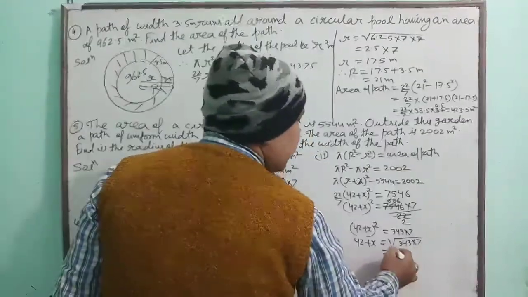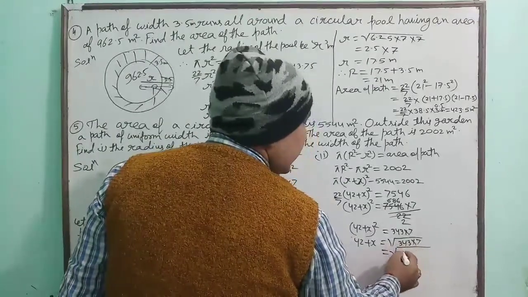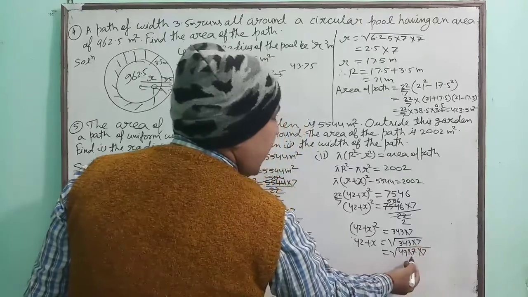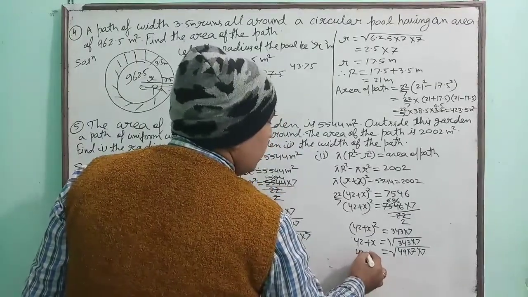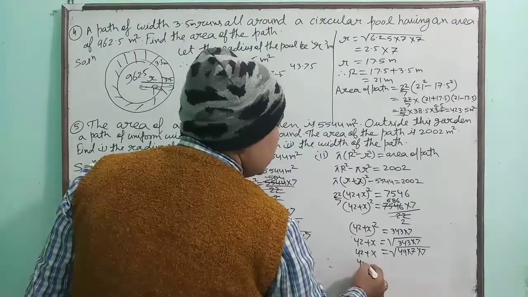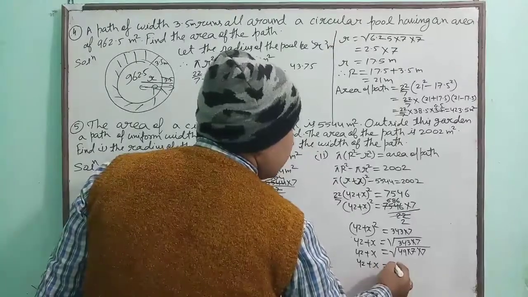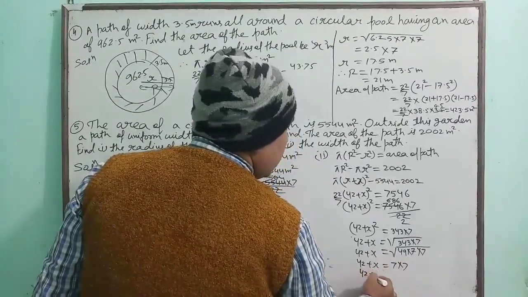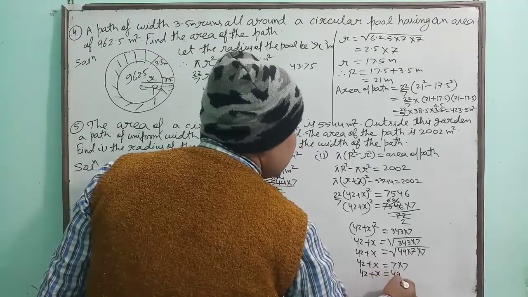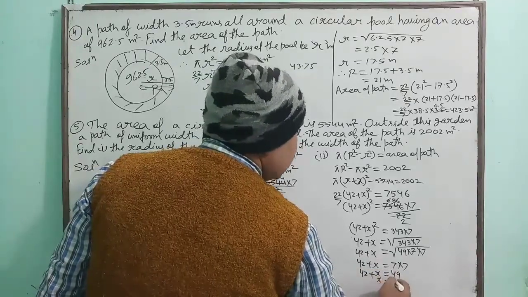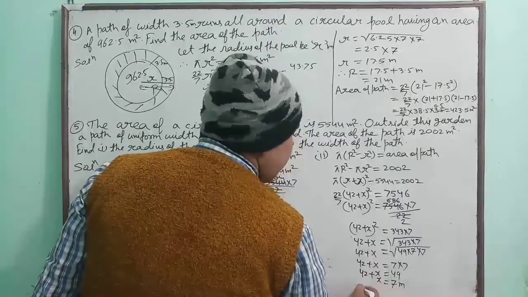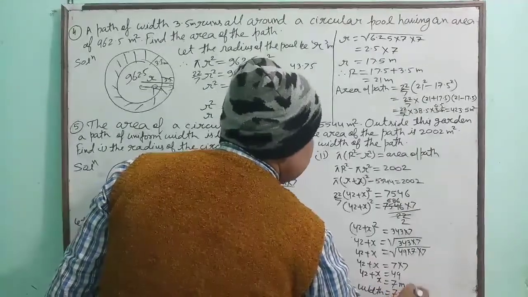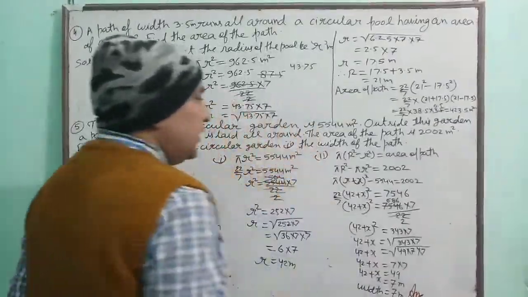Again follow the same technique. 343 is broken by 7, then you will get 49 into 7. That means 42 plus x is equal to 7 into 7. So 42 plus x is 49. So x is equal to 7 meter. That means width of the path is 7 meter.